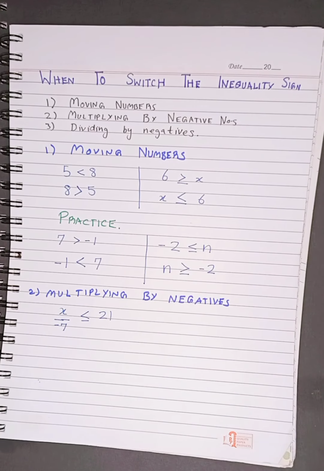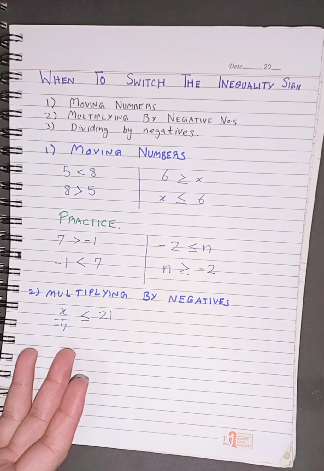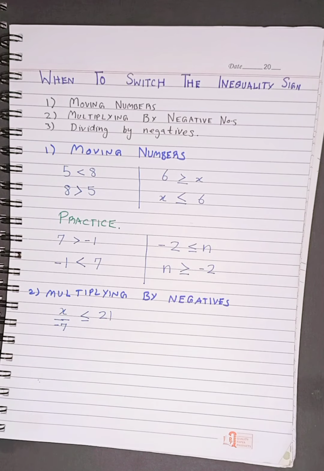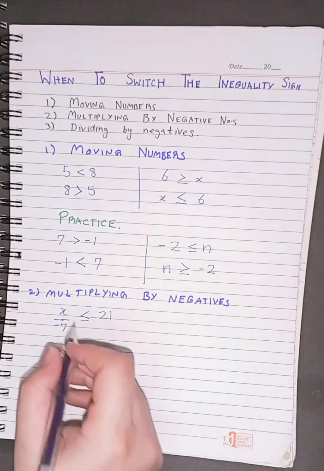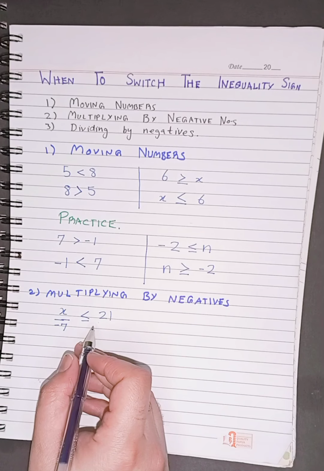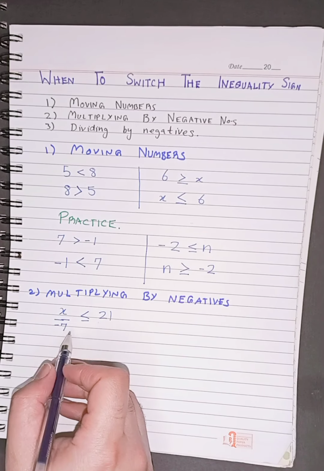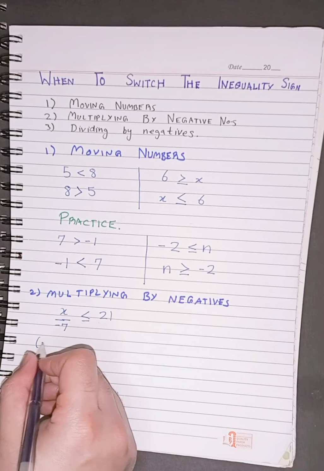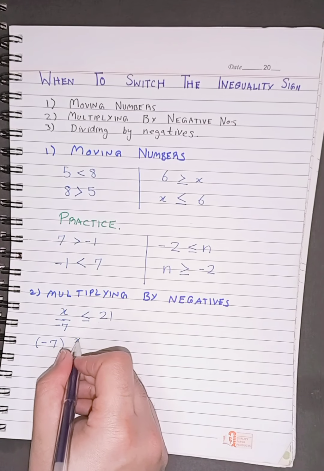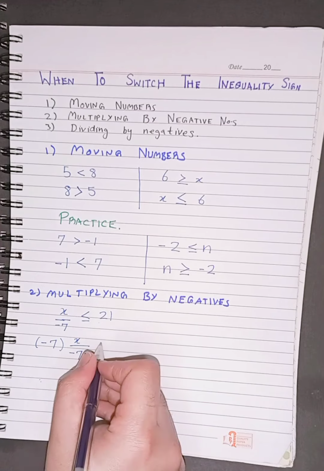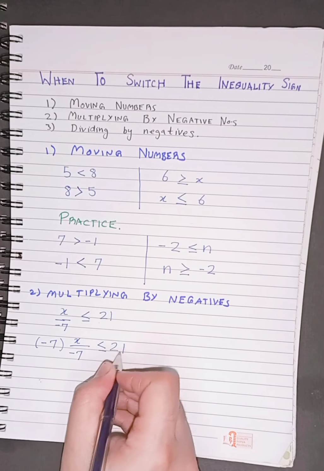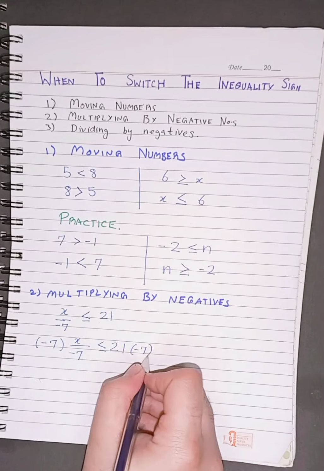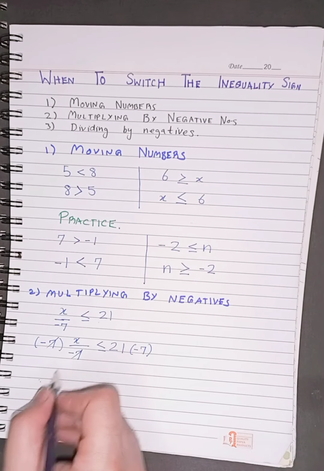Now in order to solve this inequality, you need to multiply the whole equation by minus 7. So you will write minus 7 multiplied by x over minus 7 less than equal to 21. The minus 7 cancelled out.